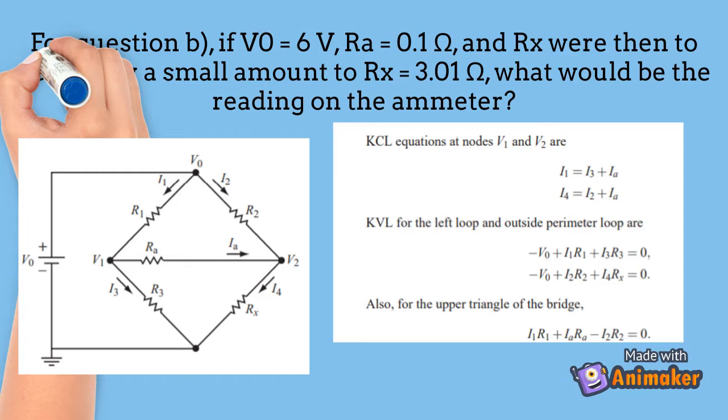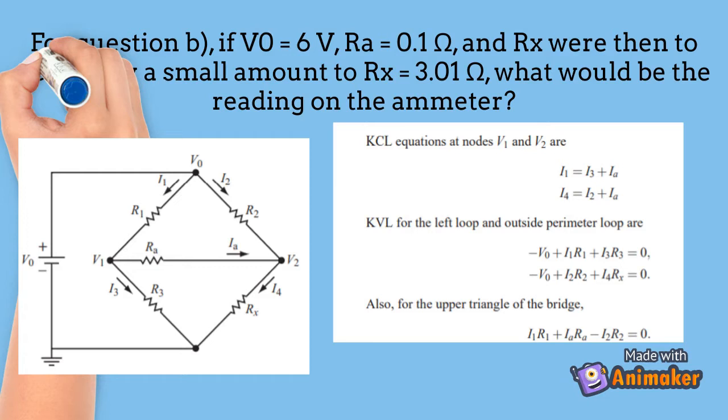Next, we also apply KVL, Kirchhoff's voltage law, for the left loop and the outside perimeter loop. So negative V0 plus I1 R1 plus I3 R3 equals 0, and also negative V0 plus I2 R2 plus I4 Rx equals 0. We also need to apply it for the upper triangle of the bridge, which is I1 R1 plus IA RA minus I2 R2 equals 0.